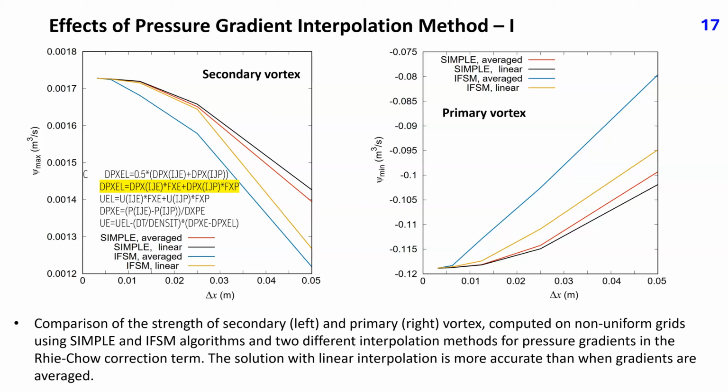First, the effects of pressure gradient interpolation in the Rhie-Chow correction are investigated. This correction was described in slide 22 of lecture 18 for the SIMPLE algorithm. It has the same form in IFSM, only the multiplier in front of the square brackets is different. On collocated grids, velocities at cell faces, which are needed to compute the mass flux, are first computed by using linear interpolation.